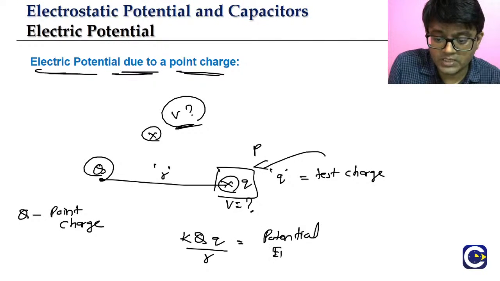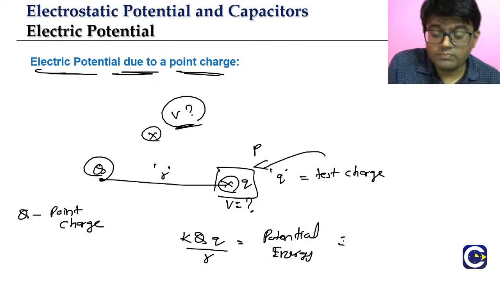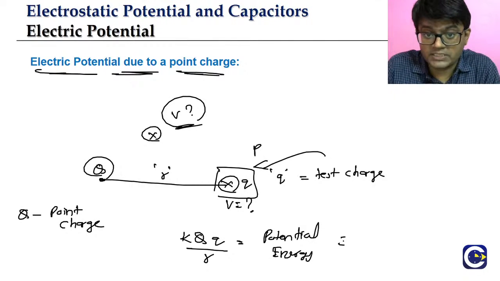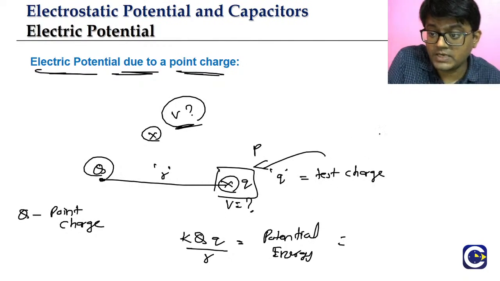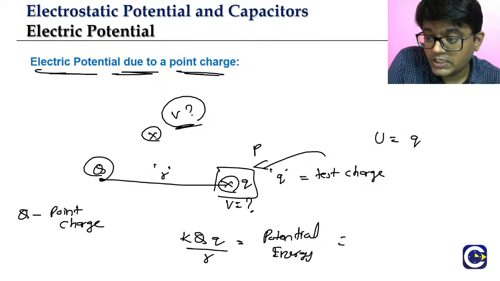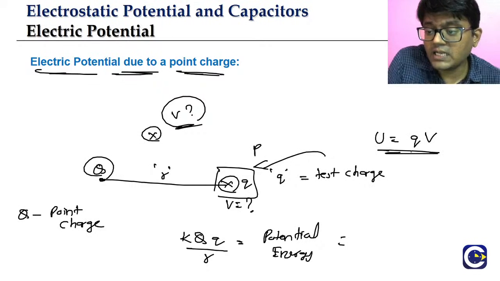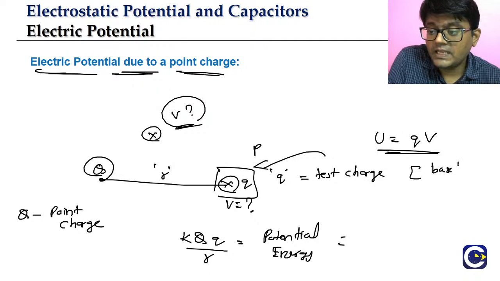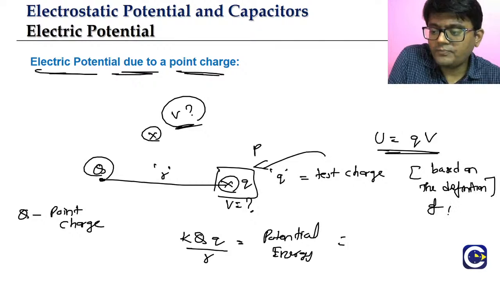Now, based on the definition of electric potential that we just saw, the potential energy of the charge will be given by what? q times the electric potential at the location. This relation comes from the definition of potential.